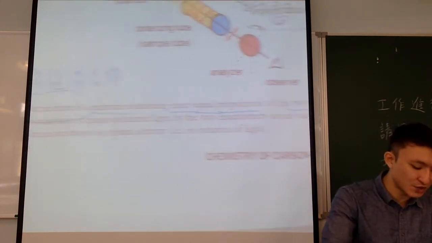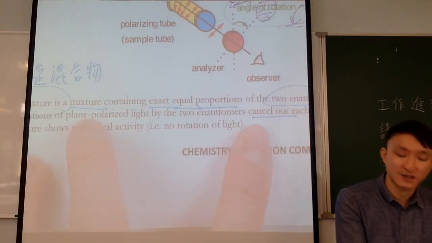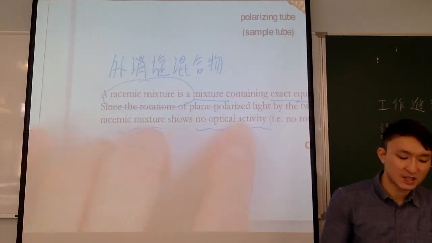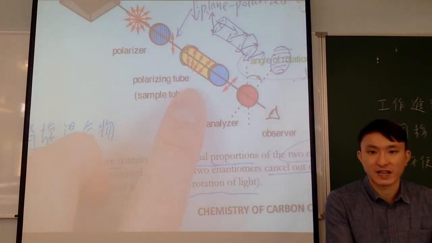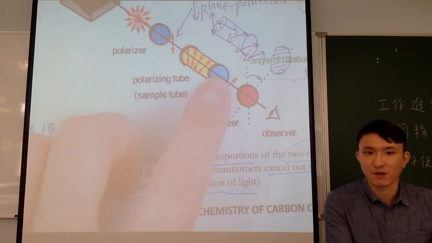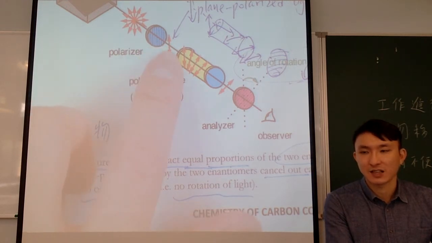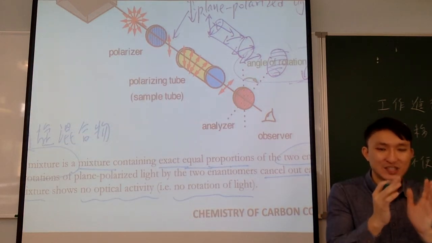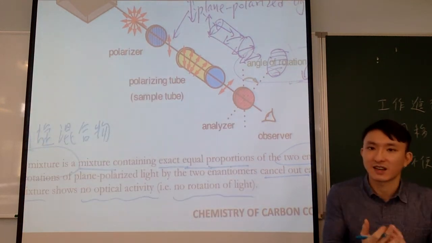So as a result, the rotation of the lights cancel out one another, and therefore the racemic mixture will show no optical activity. So no rotation of light. Meaning that if you have a racemic mixture loaded into the polarizing tube here, then after we select a particular direction of wave, the analyzer, you don't have to rotate anything. You just keep it at the same orientation as the polarizer, and you will see the light coming out.